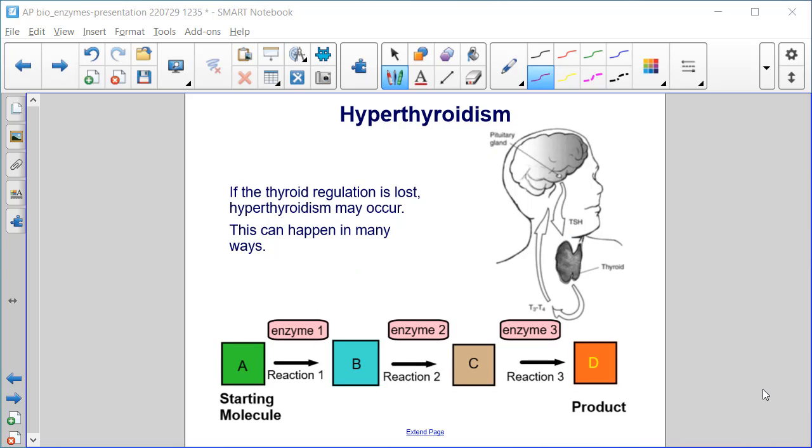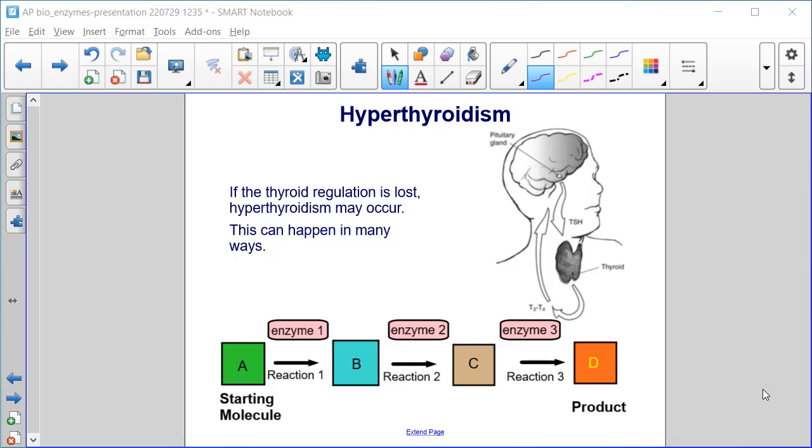If the thyroid regulation is lost, then hyperthyroidism may occur. So if we don't have that regulation where the brain is listening to see, should I produce more TSH to make more T3, or do I have enough T3 so I can slow down my production of TSH?